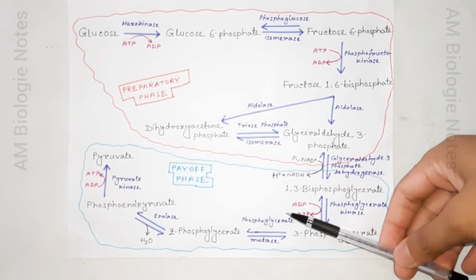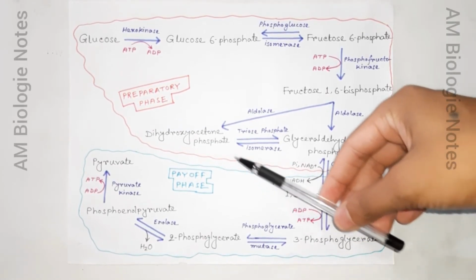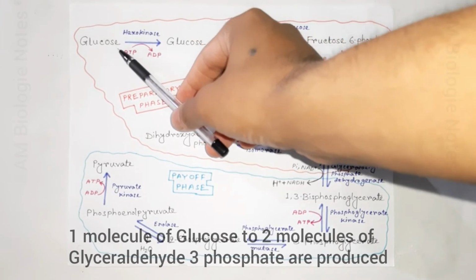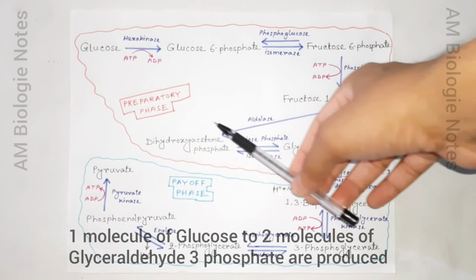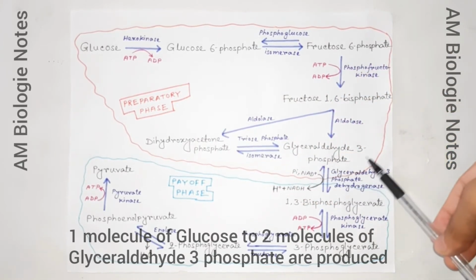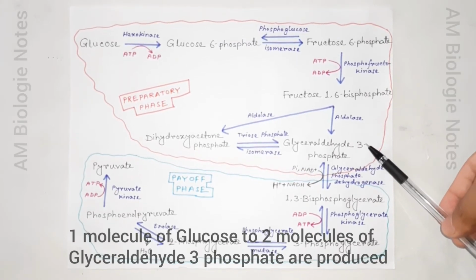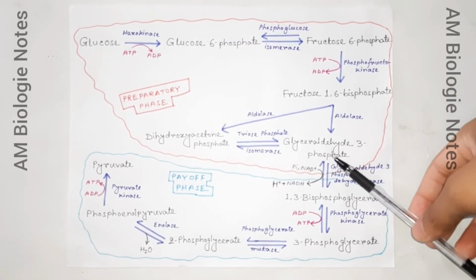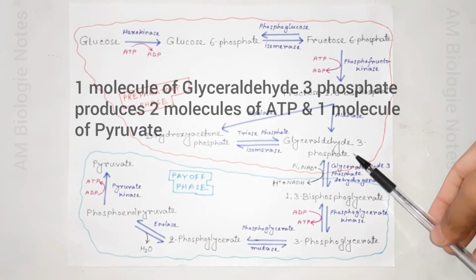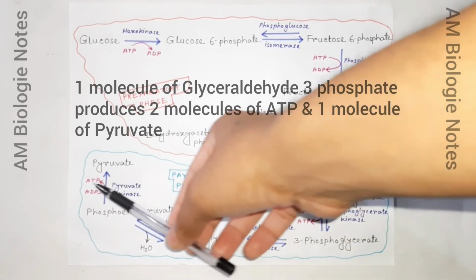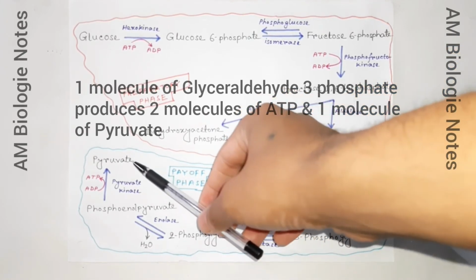Finally, I will tell you another very important concept regarding this process. The process starts with one molecule of glucose at the preparatory phase, and at the end of this preparatory phase, two molecules of glyceraldehyde 3-phosphate are produced. Here, I have considered only one molecule of glyceraldehyde 3-phosphate, and from this, two molecules of ATP and one molecule of pyruvate are produced at the end.